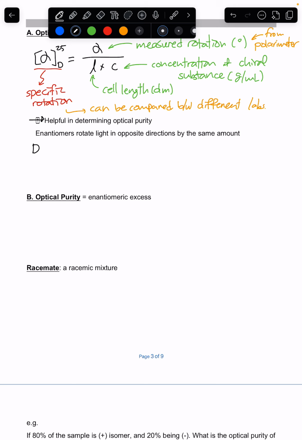So the word for sort of right-handed compound or molecule is dextrorotatory. Often abbreviated D isomer. What that means is that this compound or stereoisomer or enantiomer would rotate the light in the positive direction, which is defined as the clockwise direction.